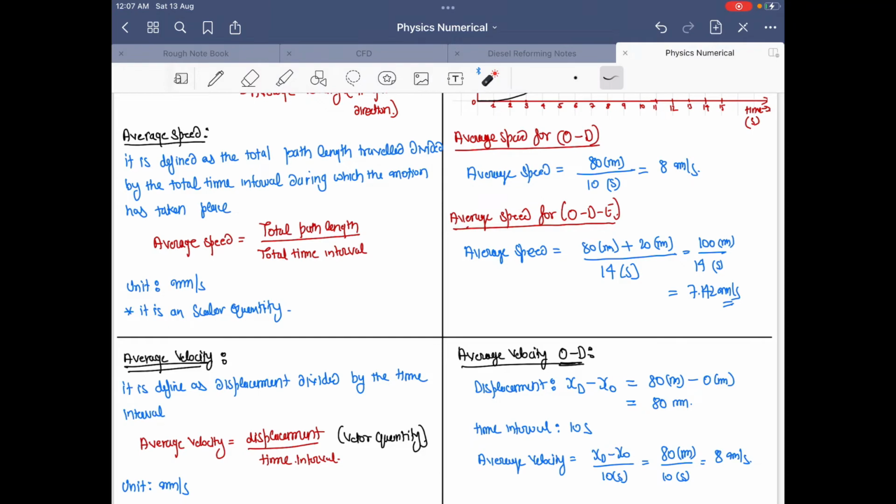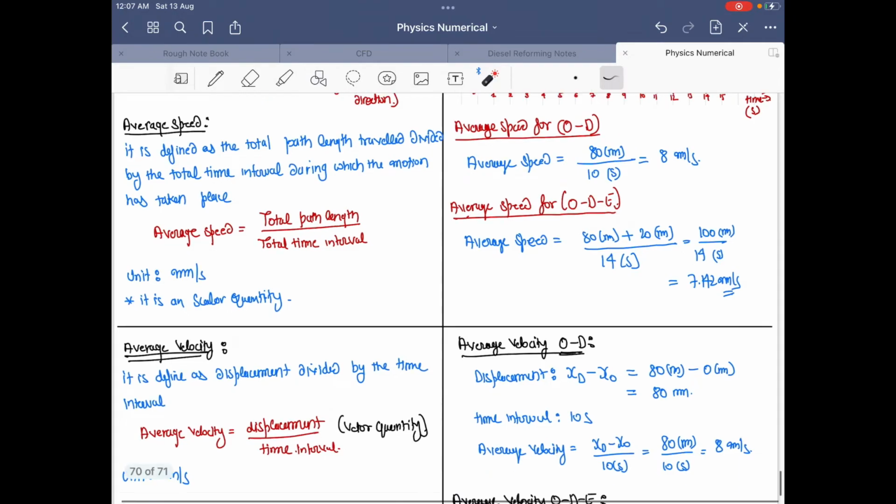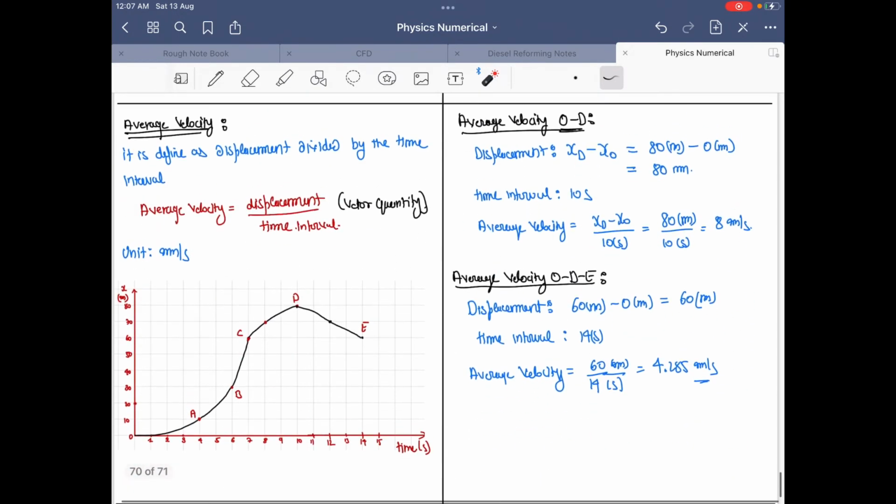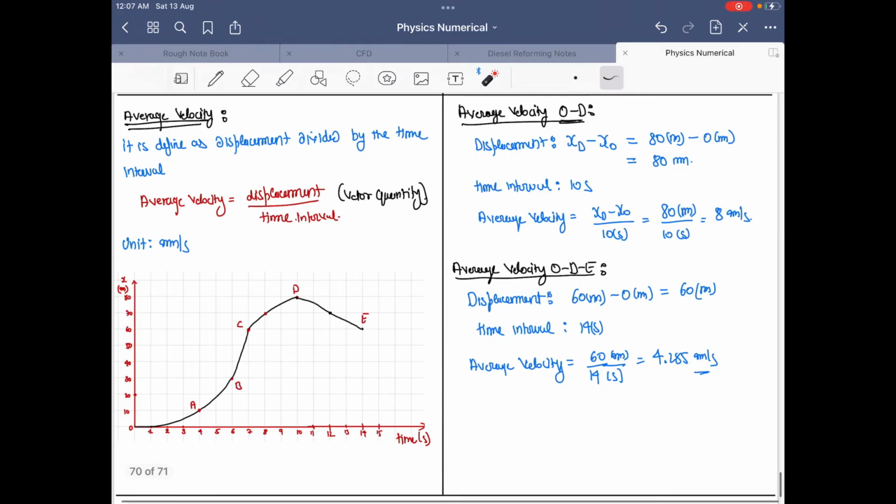When you compare this value with the earlier value, it will be different. So average speed and average velocity are not the same for motion from O to D and D to E. So there is a difference between these two motions.